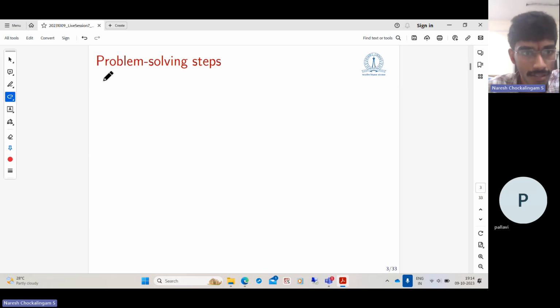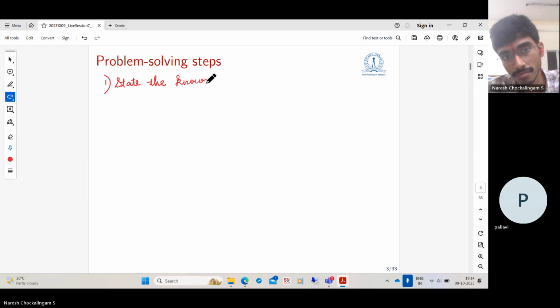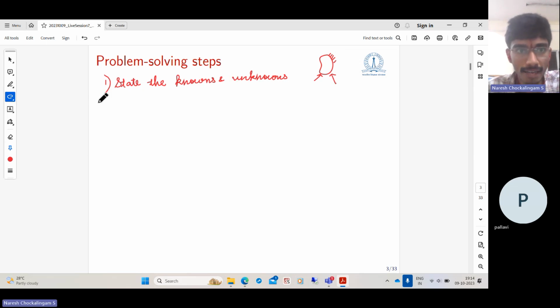As always, the first step given any problem is to state the knowns and the unknowns in the problem. You may be given a structure that is subjected to some support conditions and some forces. So the first step is to state the knowns and the unknowns. This applies universally. You can use it for the GATE exam or anywhere in general.